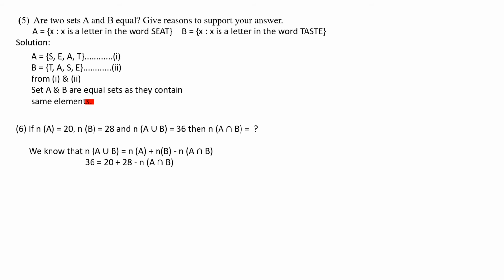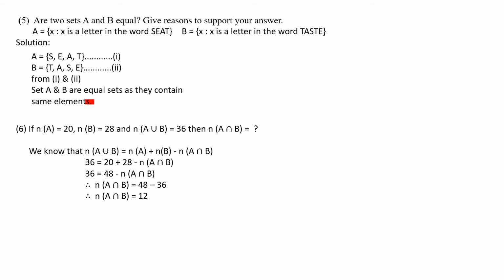Next step we add 20 plus 28. So 36 equals 48 minus n of A intersection B. Now n of A intersection B equals 48 minus 36. Therefore n of A intersection B equals 12. So the answer you got is 12. By this formula you can find any other quantity also if it is missing.